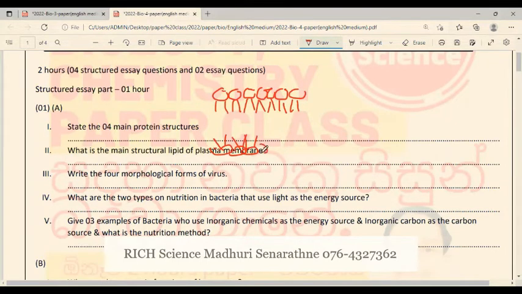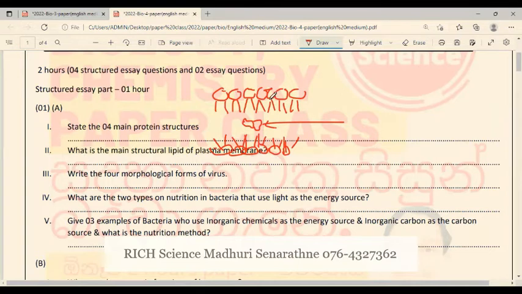Actually, there are 2 types of lipids involved in making the plasma membrane. Phospholipid is the main lipid. There is another lipid. What is the name? Cholesterol, no? Cholesterol is between the phospholipids of these two layers.